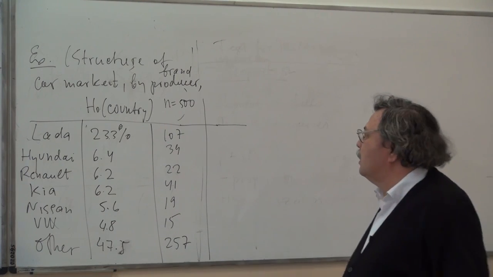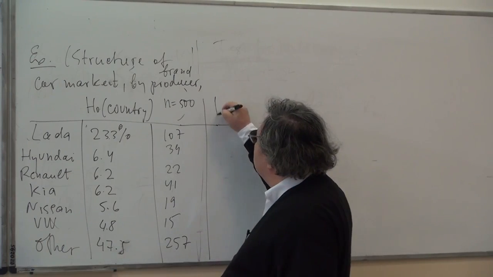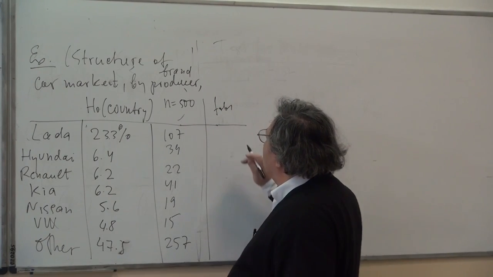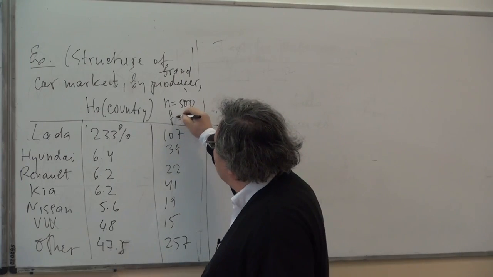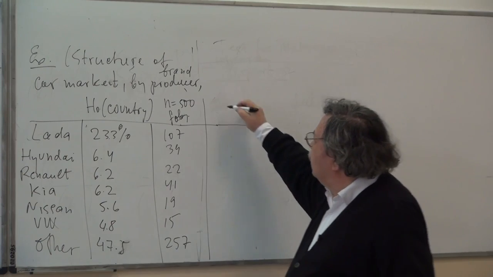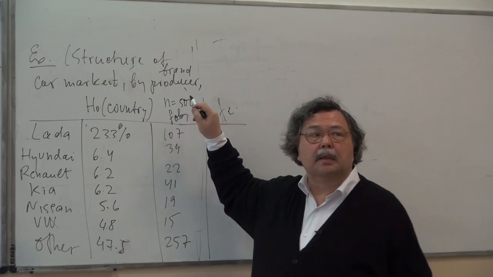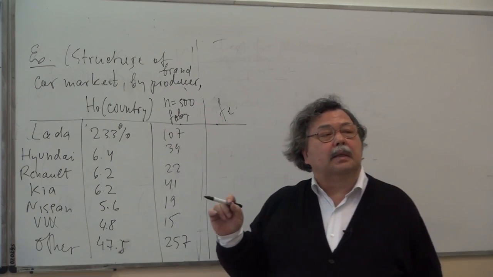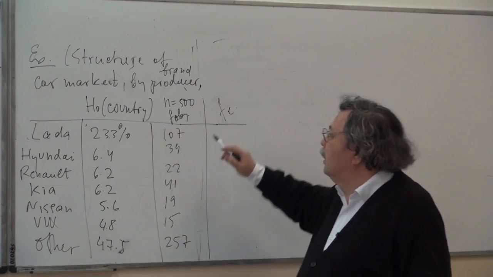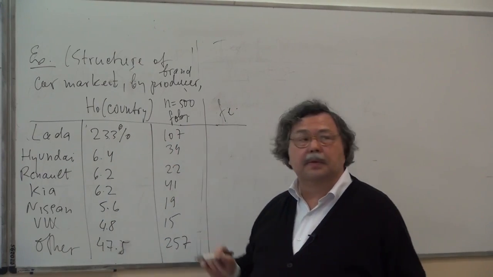The sample size is 500. And these are the observed frequencies. But then we compute the expected frequencies, by multiplying the sample size and the proportion. So here, for this position, 500 is multiplied by 0.23.